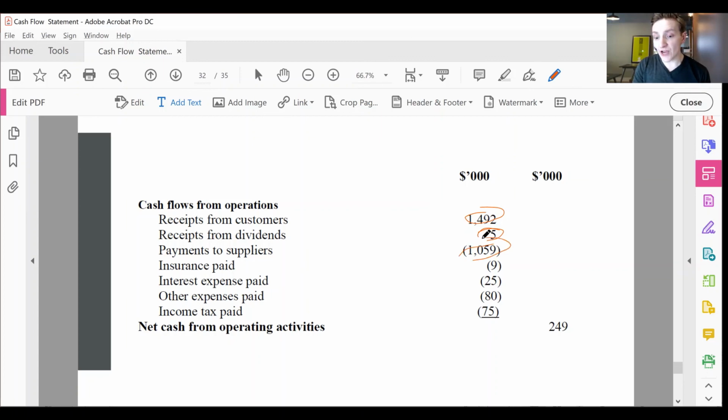That was from the accounts payable T account. The insurance and interest, I'm just reading these directly off the income statement, the 9 and the 25. The other expenses paid was coming from our accrued expenses T account, and the income tax paid was coming from the tax payable T account. Now, when you sum all of these numbers together, you get a net cash from operating activities of 249.